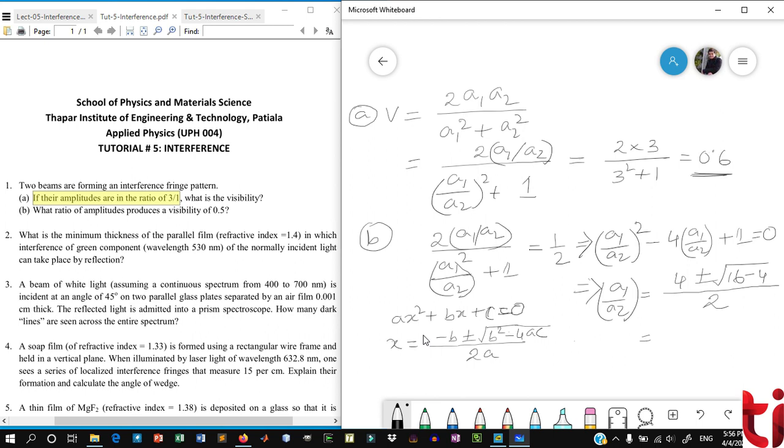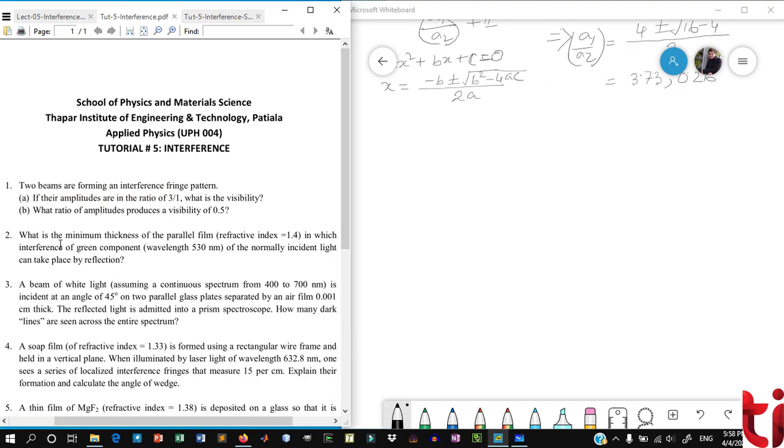For this one case with the plus, another case with the minus, we have 3.73 with the plus, and with the minus we would have 0.26, I think. So these are the two results for the ratio of the amplitudes of the light used for the interference pattern. So that is our problem number 1.